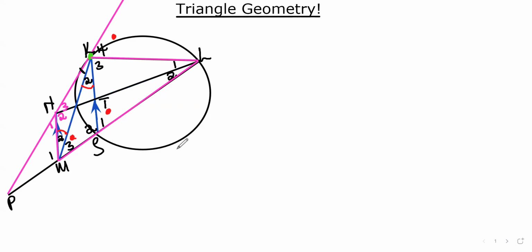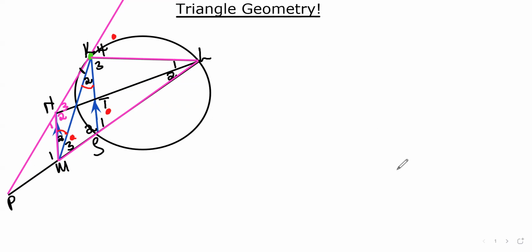That's not the only angle at which you can look at it. You could have also considered this one and said, if I can prove that angle M2 is equal to angle L1, then those two angles are subtended by the same chord and therefore they're in the same segment and this is a cyclic quad. But it's really difficult proving those.